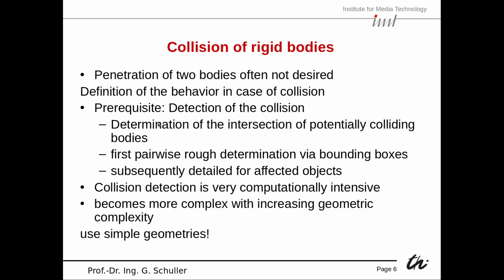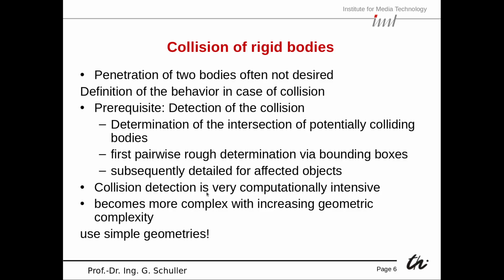And for that we need to determine the intersection of potentially colliding bodies. So first we have a pairwise rough determination via the bounding boxes of the objects. So these are easy to compute. And subsequently, if we detect there might be a collision, there we need to have a detailed analysis for the affected bodies.